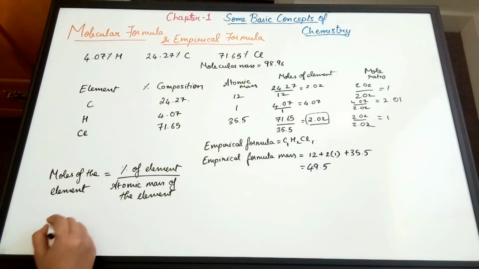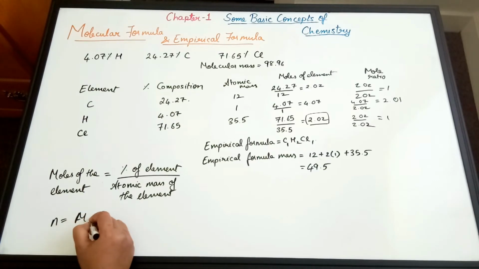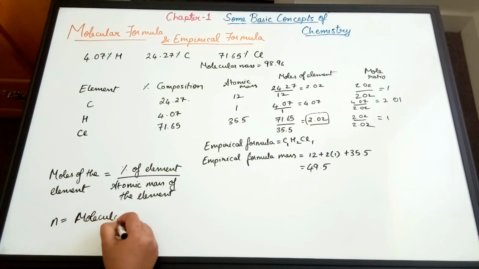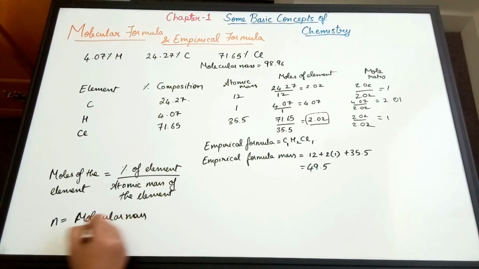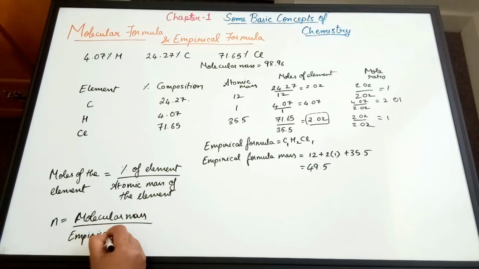Now remember, we need to find out n, because the molecular formula will be equal to n into the empirical formula, and n is also equal to the molecular mass divided by the empirical formula mass.